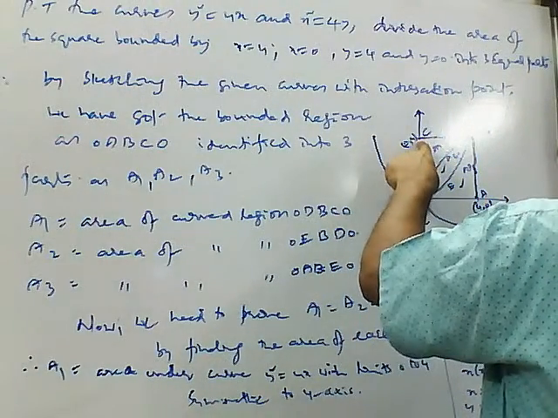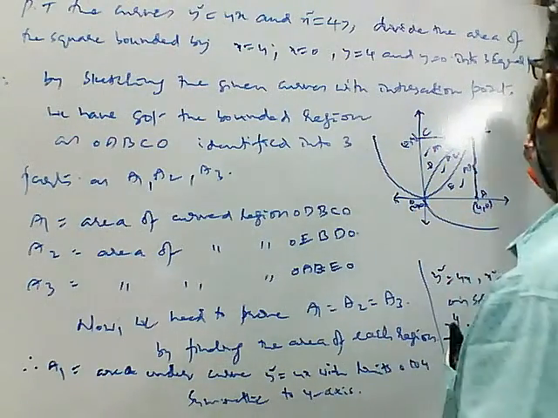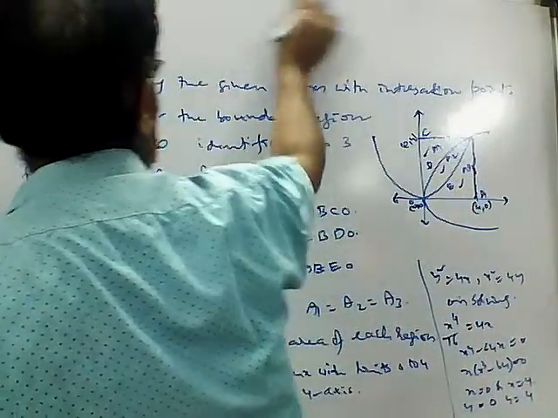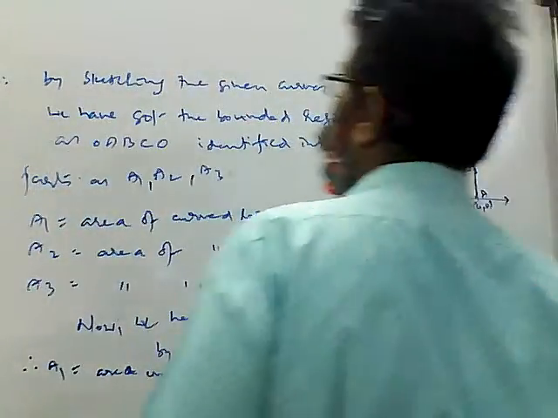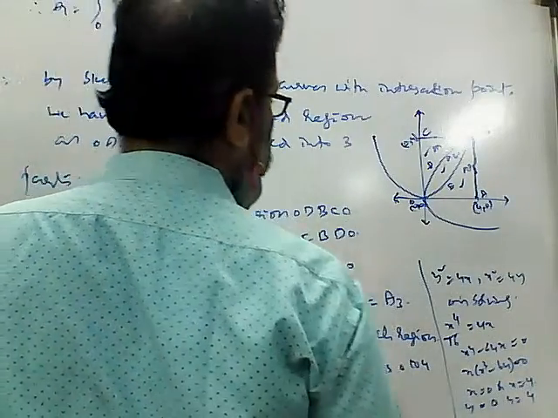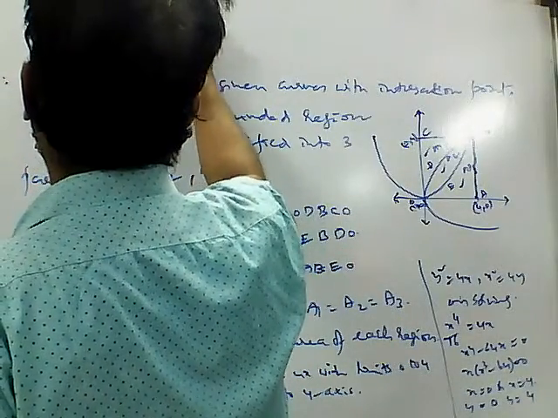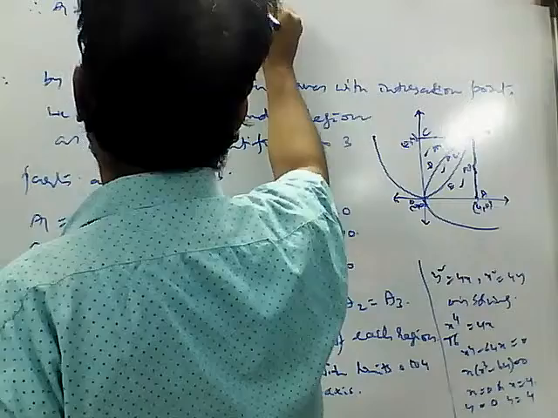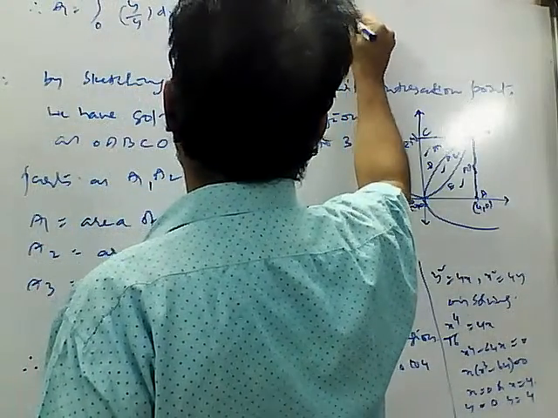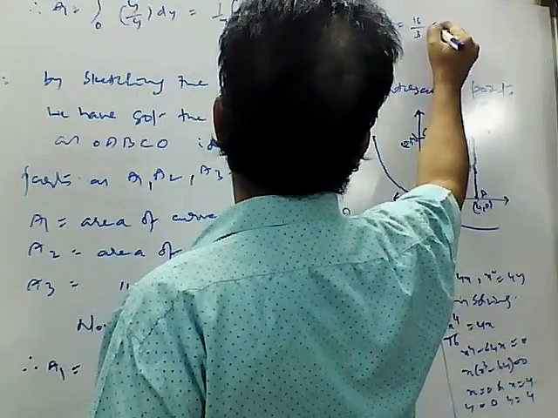Okay, 0 to 4. So x dy, what to take? y square equal to 4x is the curve under this curve. Okay. So we find here this part. Therefore, A1 is equal to integral 0 to 4 of x dy. x dy means, with y square equals 4x, y square by 4 dy, which is equal to 1 by 4 into y cube by 3, from 0 to 4. That is 1 by 4 into 64 by 3 minus 0, which is equal to 16 by 3 square units.